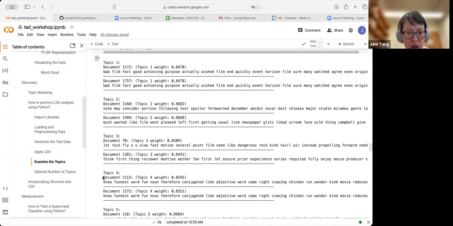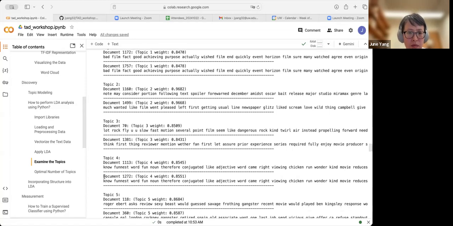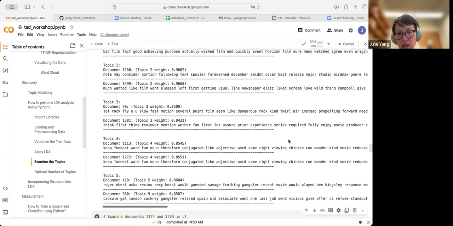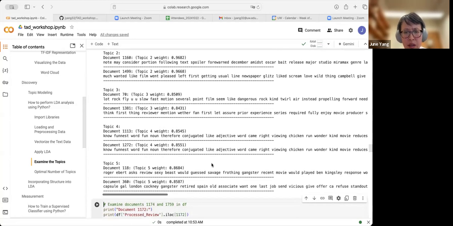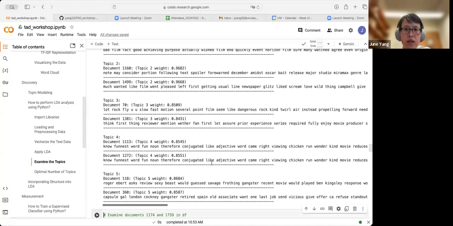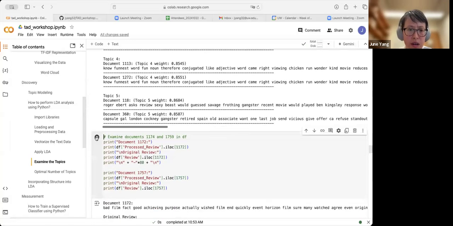And similarly, for topic 4, you can see that these 2 documents, document 1113 and document 1272, more or less represent the same text, right? So the good approach is really to see whether this result makes sense to me, and then dive deeper into the text to see what's going on there.